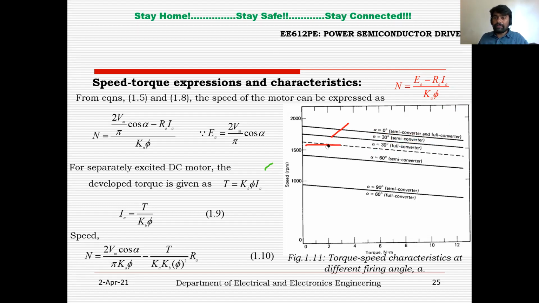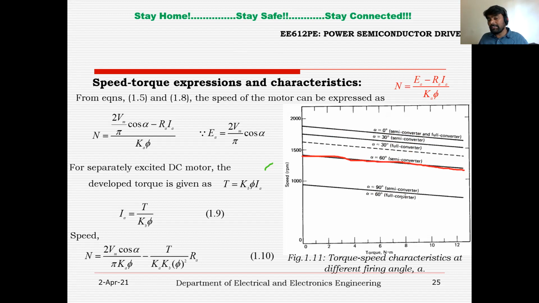Similarly, if you further increase the firing angle alpha to 60 degrees, there is a reduction in the armature voltage, right? If the armature voltage reduces, then the speed reduces like this. So this is the semi-controlled converter at alpha equals 60, and this is for the fully controlled converter where alpha equals 60, right?